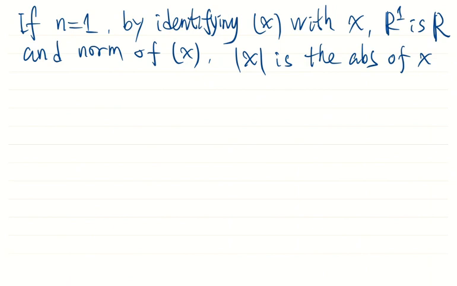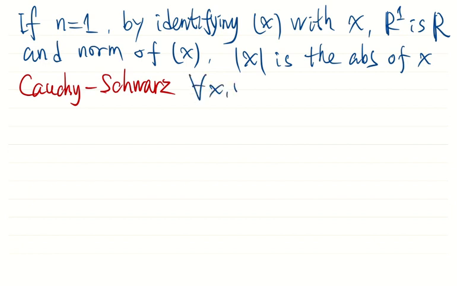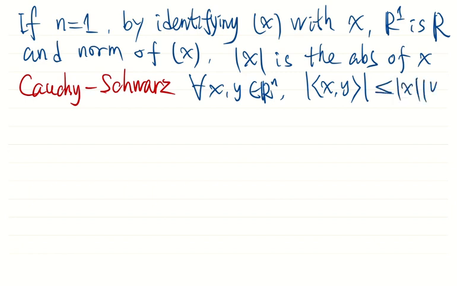So before we discuss the basic properties of the norm, we need to prove the Cauchy-Schwarz inequality, which says that for any x and y in Rn, the absolute value of their scalar product is not greater than the multiplication of their norms.